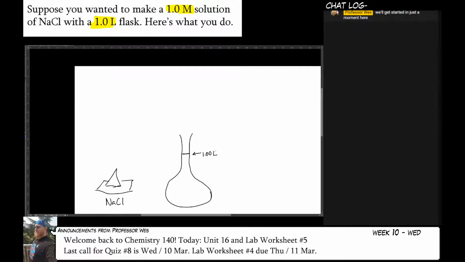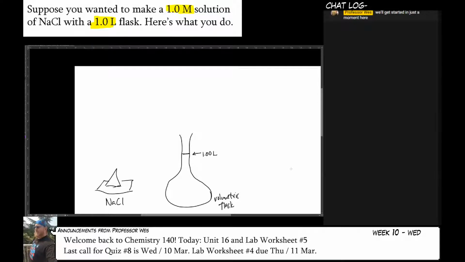And when you fill the flask to that line, you have measured out that volume. So this is called a volumetric flask. This is different from the Erlenmeyer flask, which looks like that. That actually looks exactly the same as what I just drew. You type in volumetric flask in Google, and you'll find a picture of it.